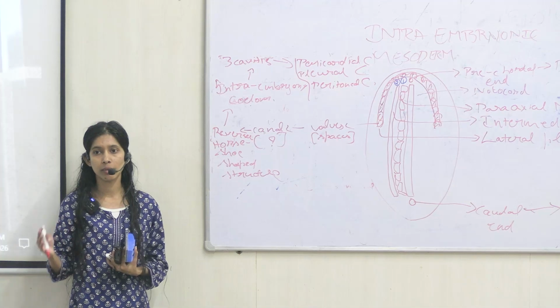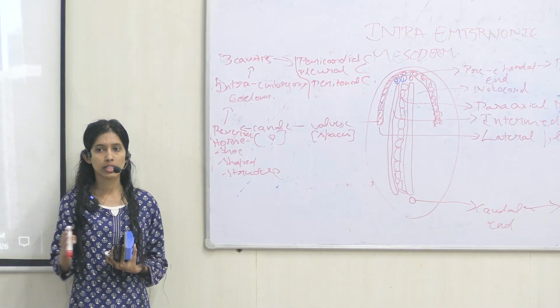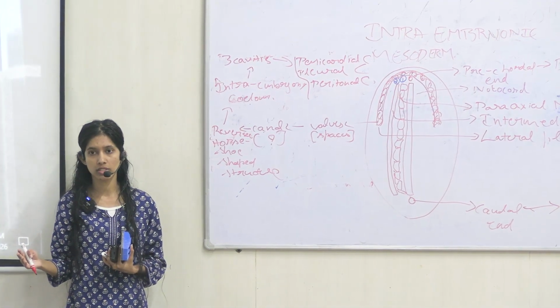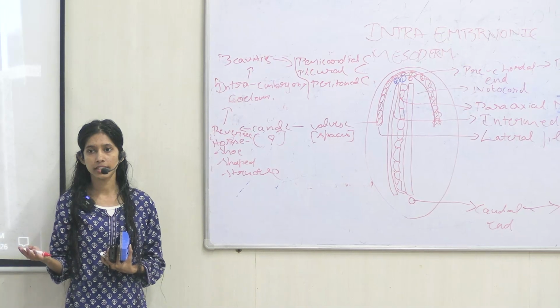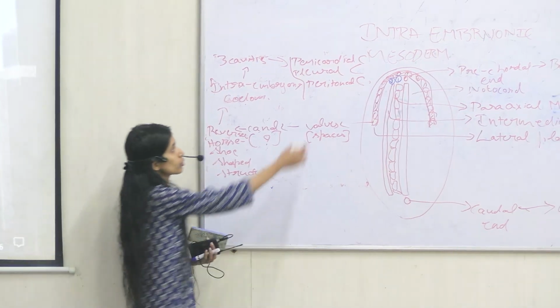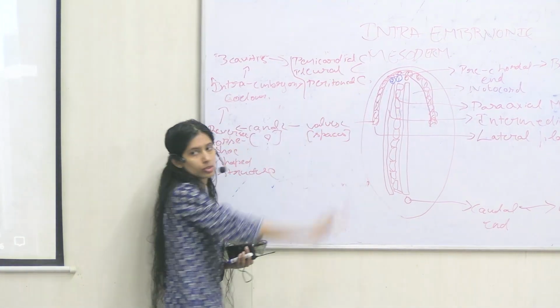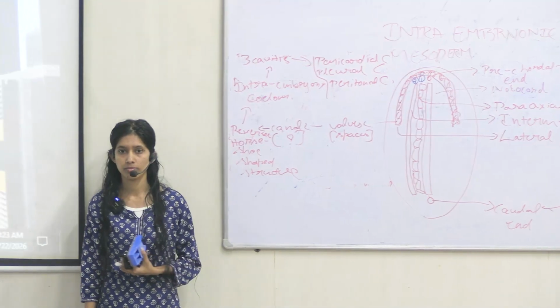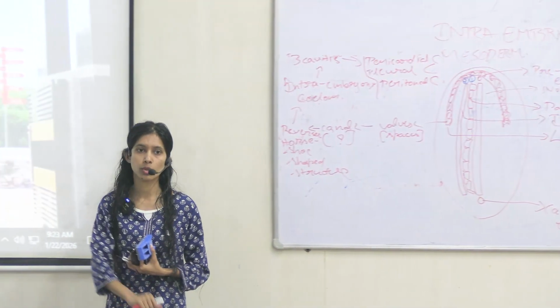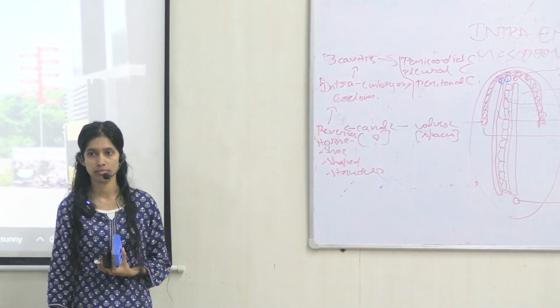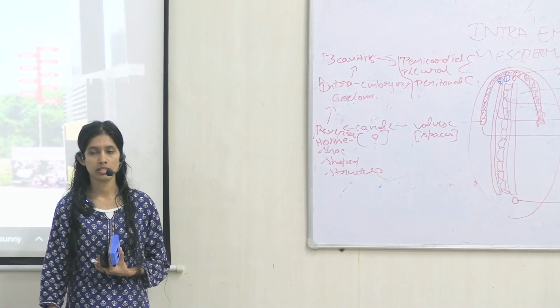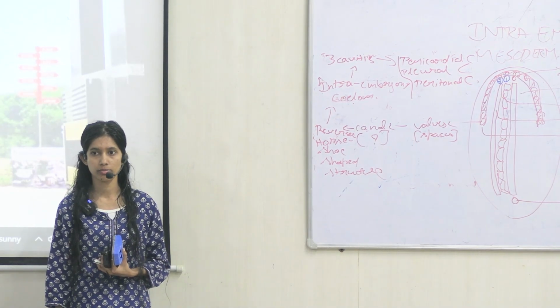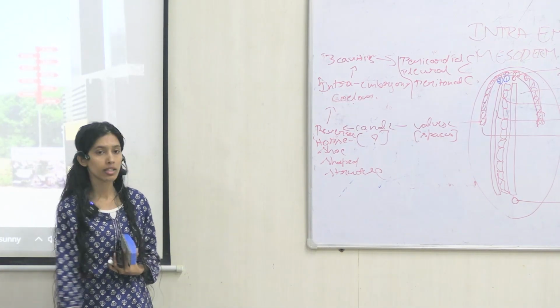Later, how the development of your GIT, respiratory system and cardiac system, everything we are going to study through these cavities only from the next classes. So this is going to be a basic introduction to study systemic embryology. Is it clear now?